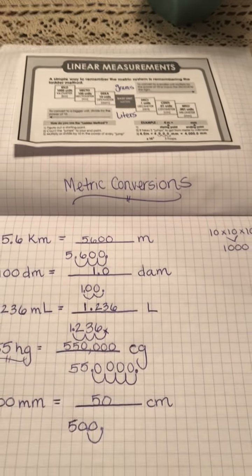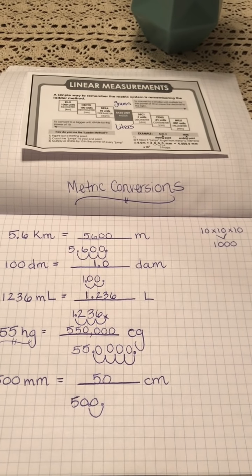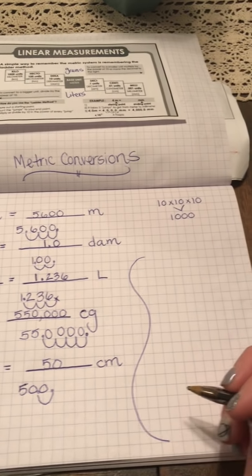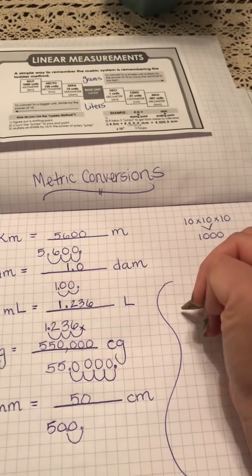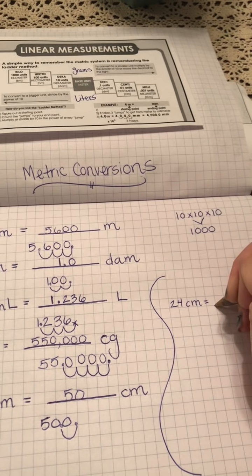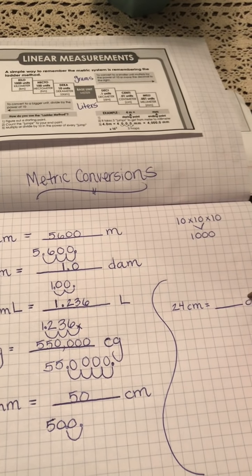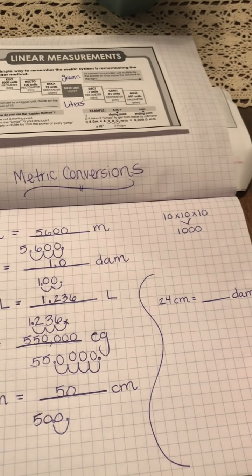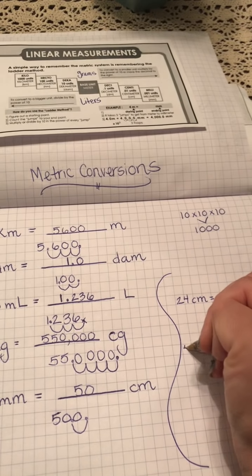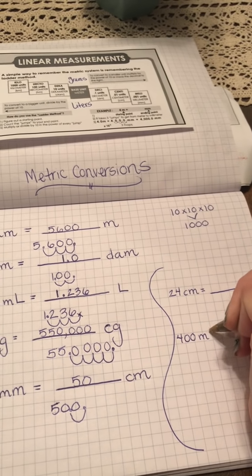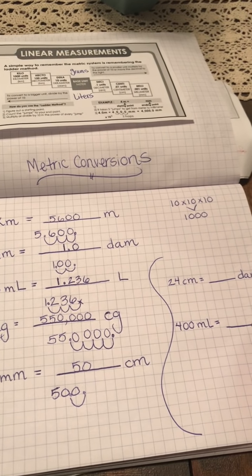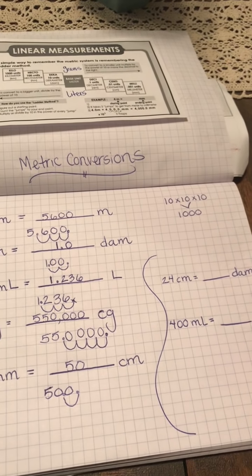I'm going to go ahead and leave you with 3 problems to do on your own. So over to the side, let's go ahead and have you practice. I want to change 24 centimeters into decameters. I want you to change 400 milliliters to just regular liters.